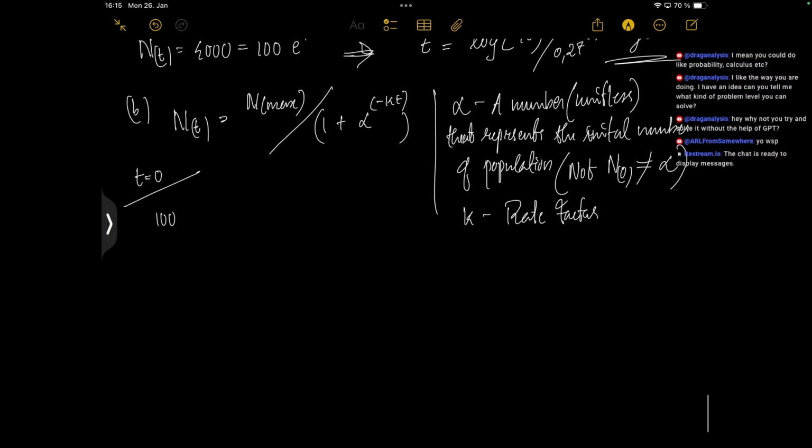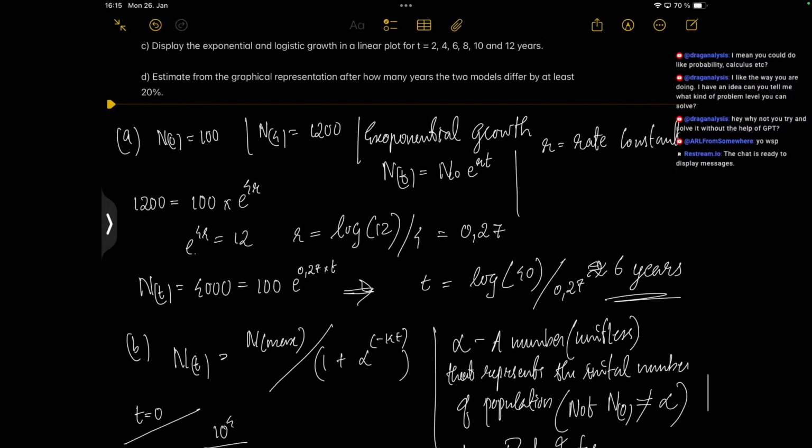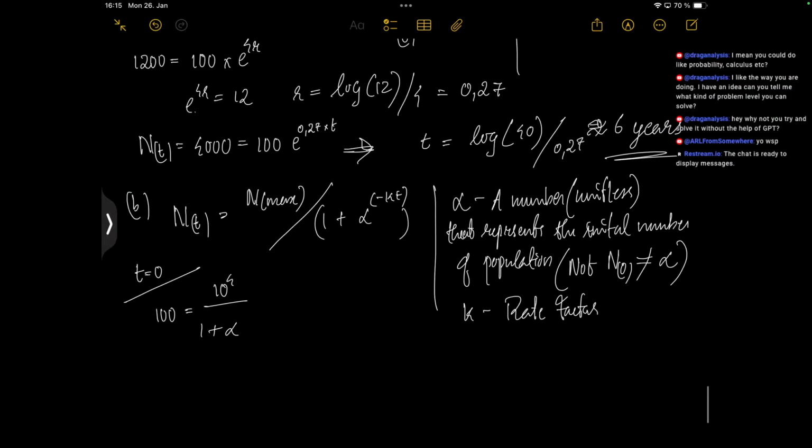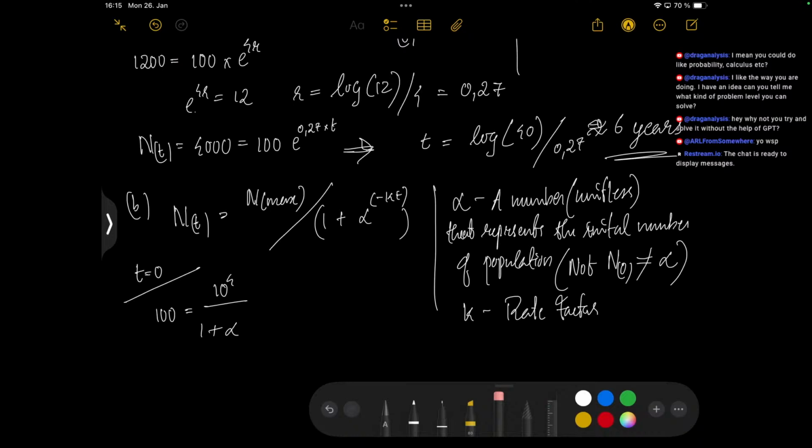100 equals... what was N max? 10,000, right? So alpha. Wait, it's not just alpha. Alpha times e raised... okay, that's what I missed.